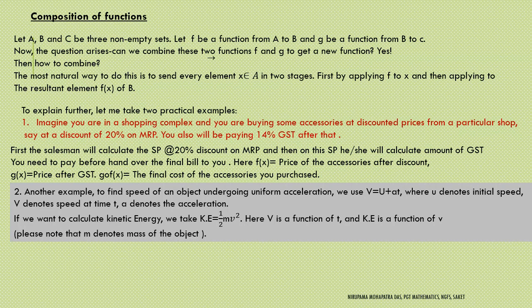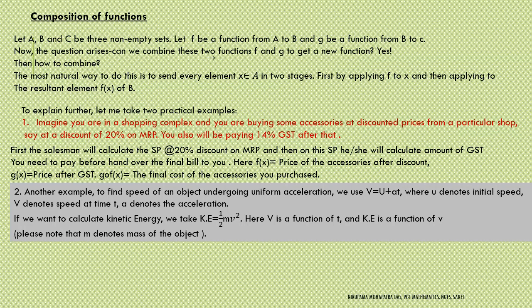Another example. This example may be interesting for physics lovers, but it's basic science, so any student, whether from a science or commerce background, can understand. Suppose an object is undergoing uniform acceleration, and to calculate the speed of that object we use v = u + at.